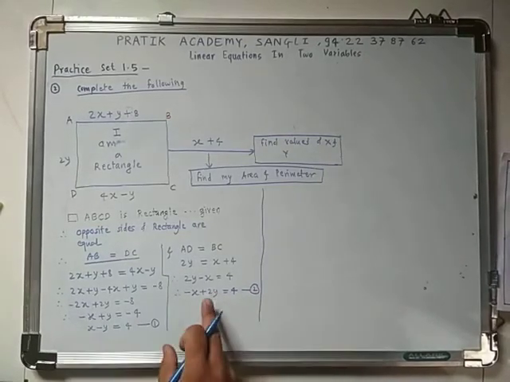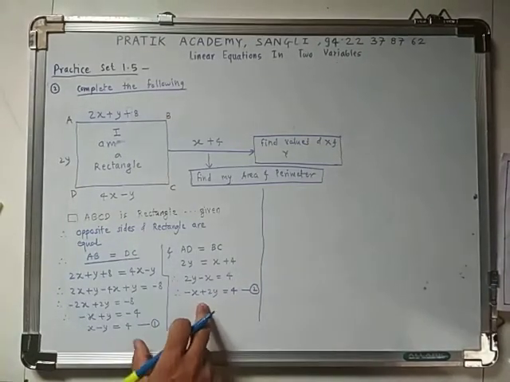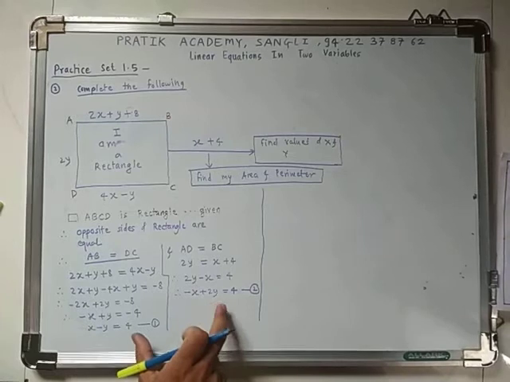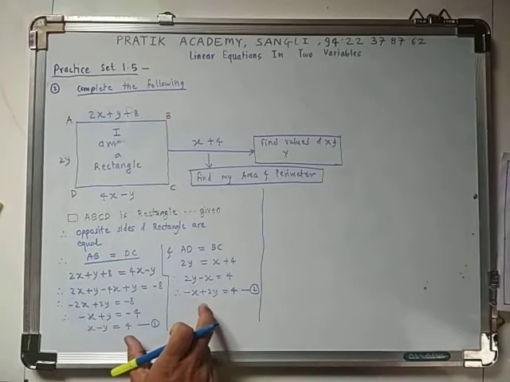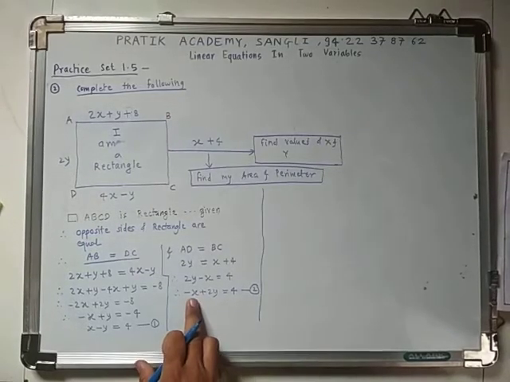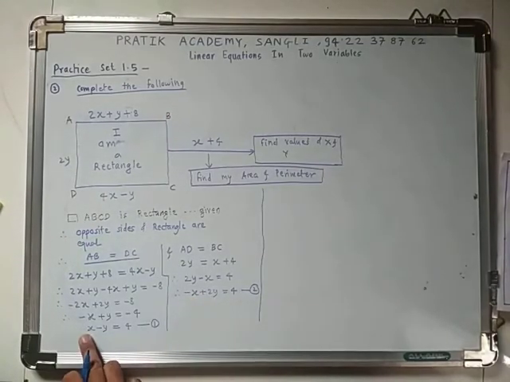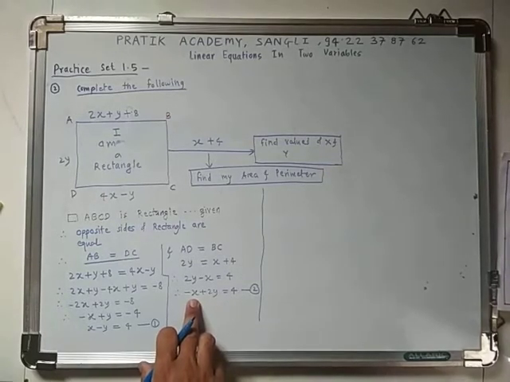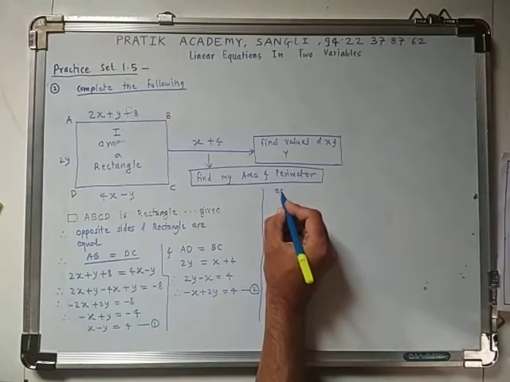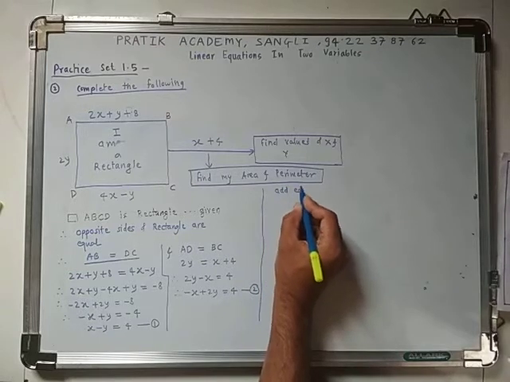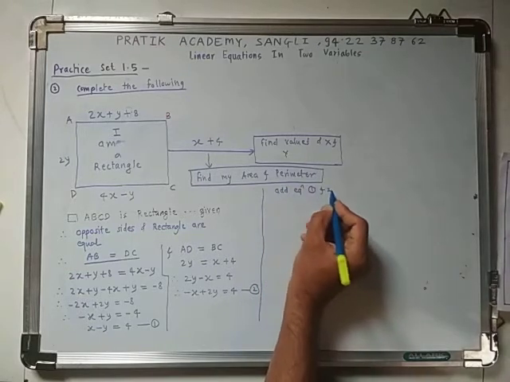Now we get two equations. These are simultaneous equations in two variables, so we can solve this easily. If we check the coefficient of x, here the coefficient is 1, here the coefficient is 1, and signs are opposite, so add equations 1 and 2.